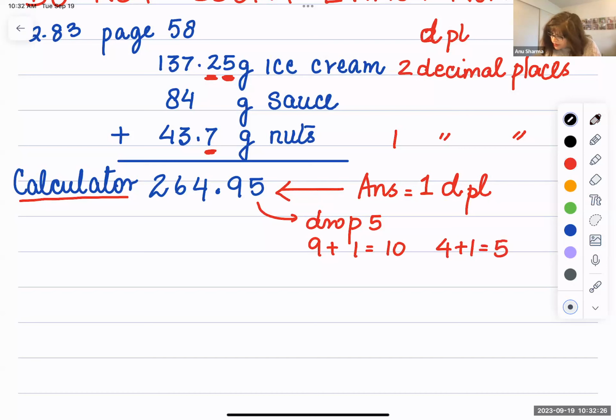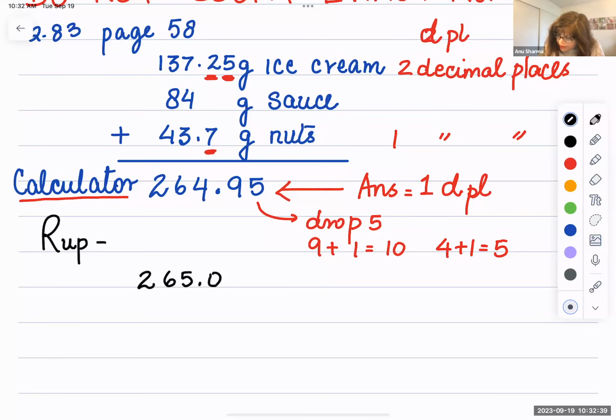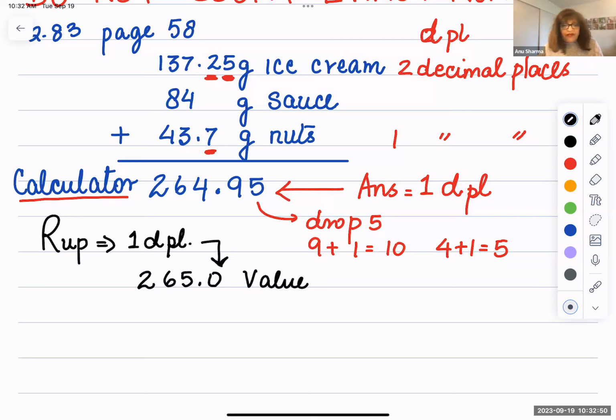So you get 265.0. You have to round up in order to get 1 decimal place, and this 0 has a value.